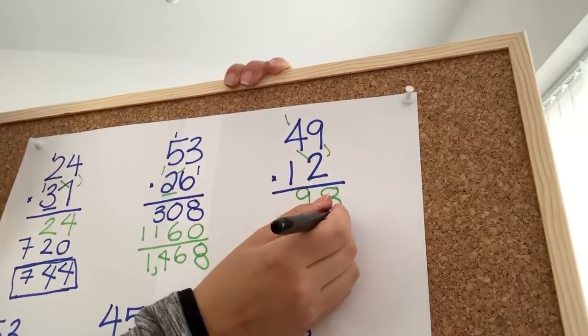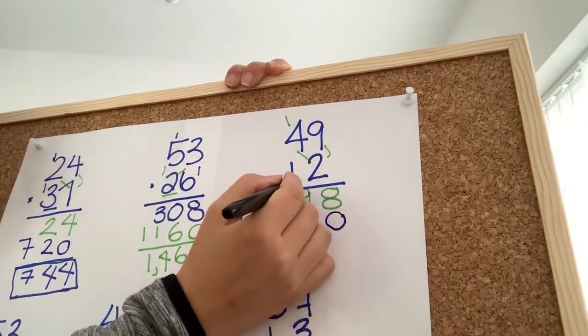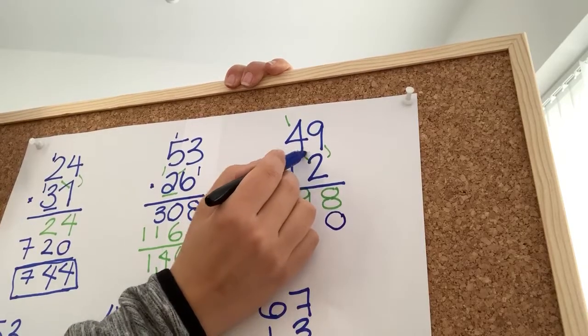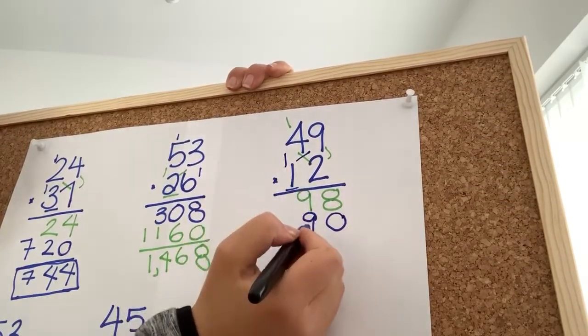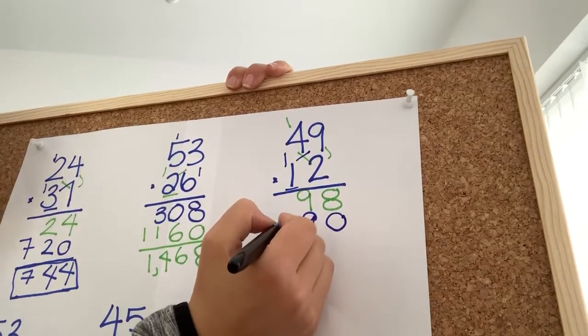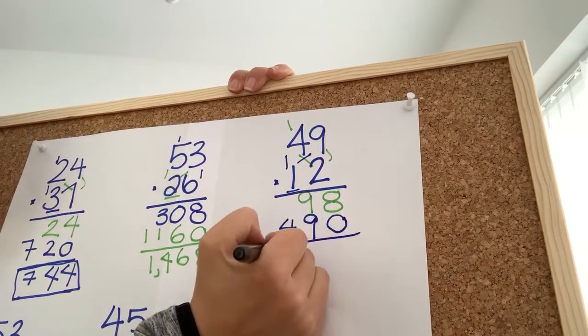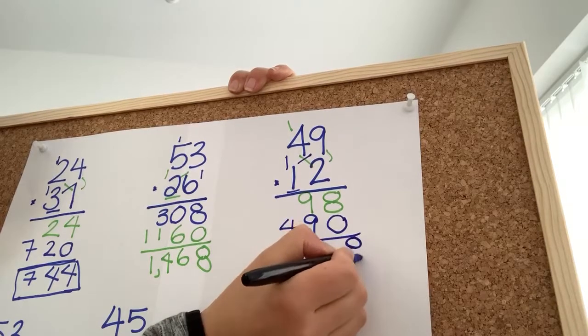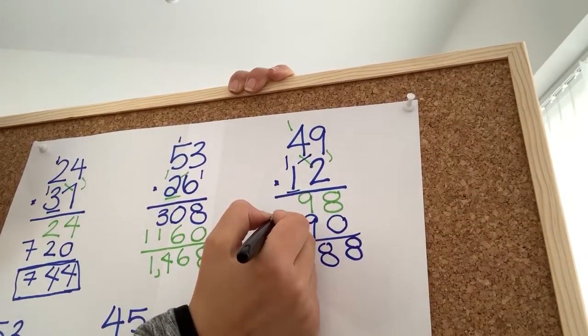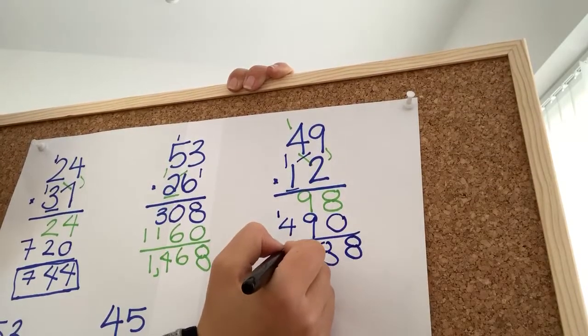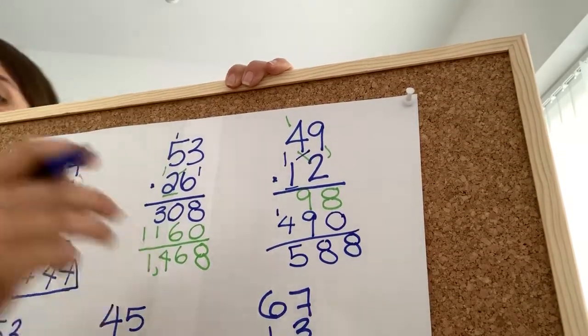Okay, then we have to add our 0 because we're starting from this side. 9 times 1 is 9. 1 times 4 is 4. So we add all together. 8 plus 0 is 8. 9 plus 9 is 18. And then 4 plus the 1 is 5. Okay.